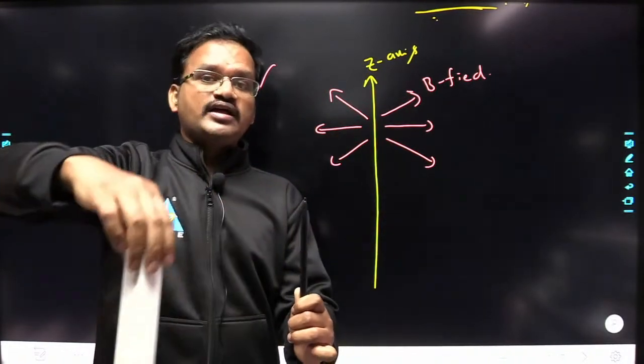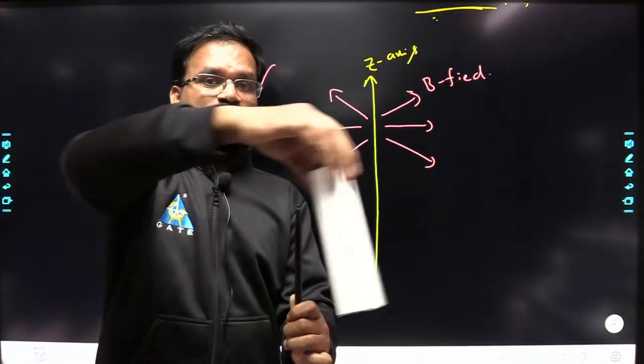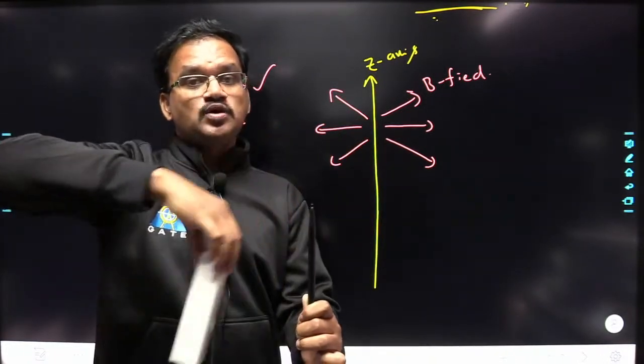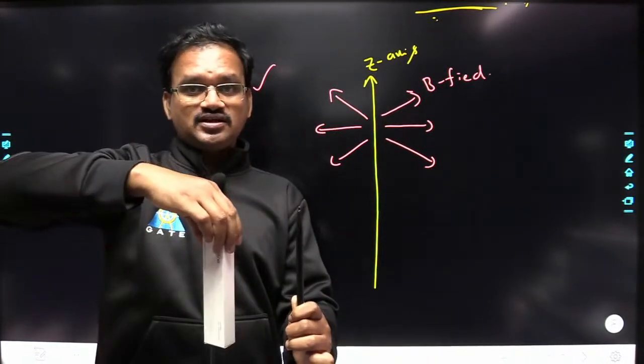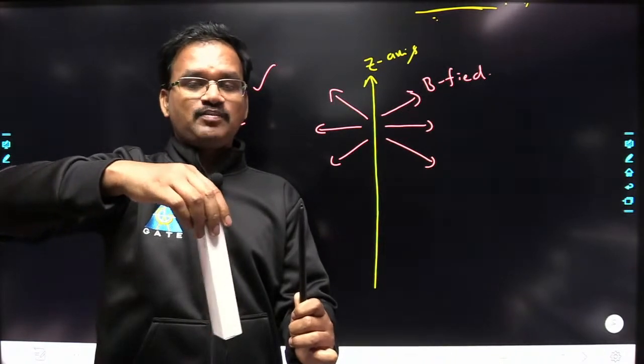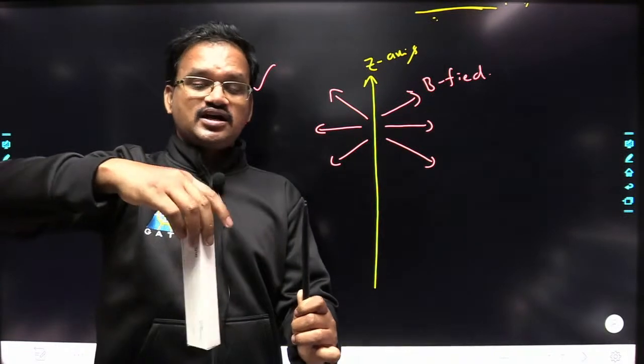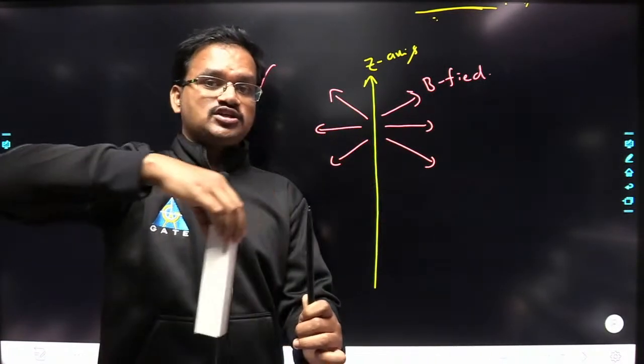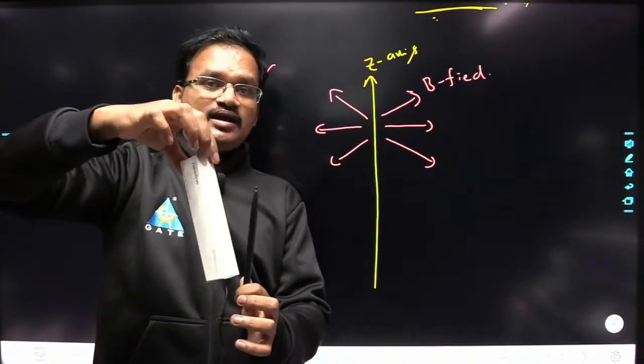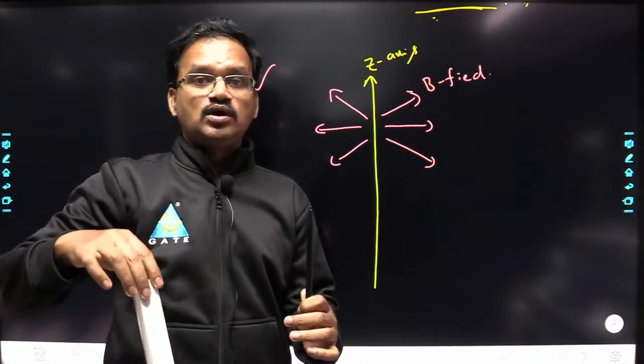Now what they are asking is how many revolutions per minute it has to complete such that the voltage induced across the conducting material must be equal to 1 volt.